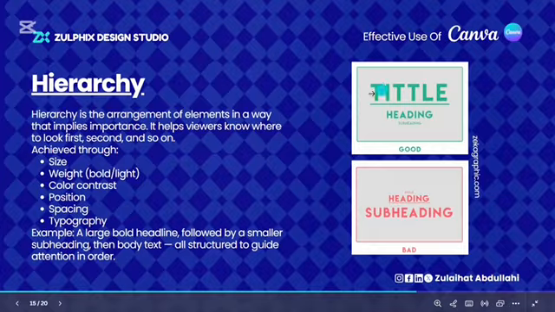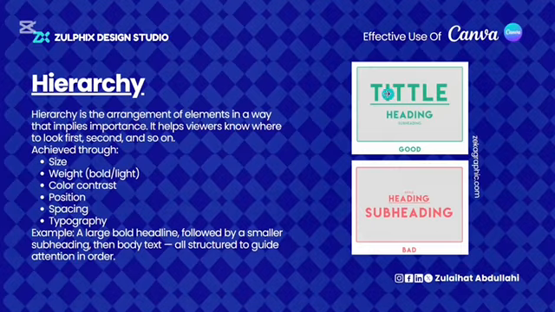Normally, if you are to create, for example, a presentation design or any flyer, this is the first thing that you will see. This is the first thing that's supposed to be there. The title should be big to easily grab the viewer's attention, followed by the heading, like more about the title, then the subheading. So that one is a good hierarchy.